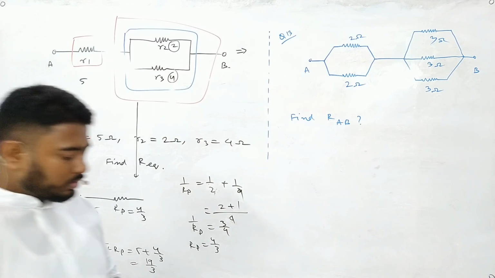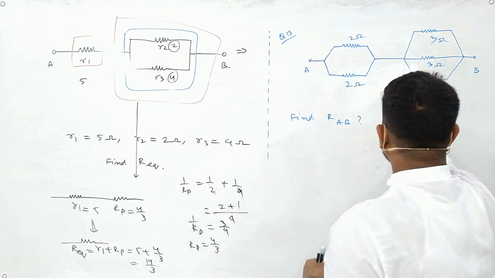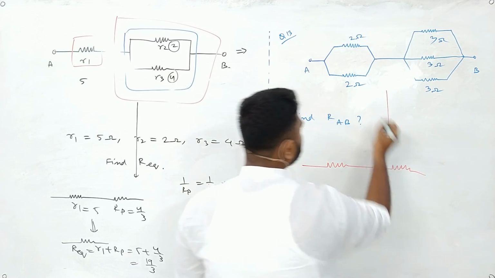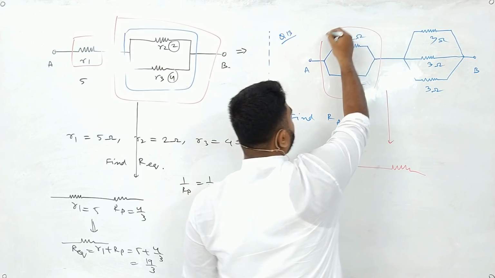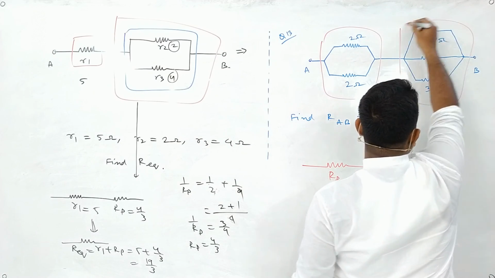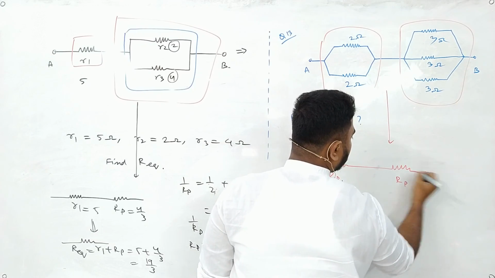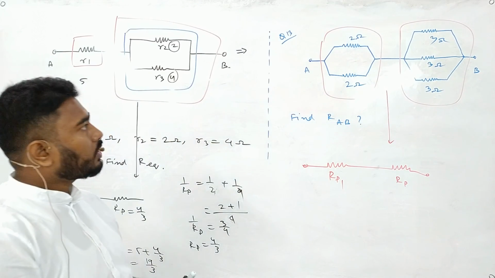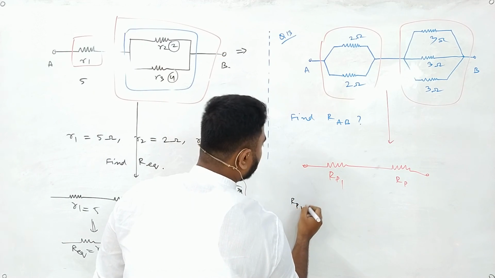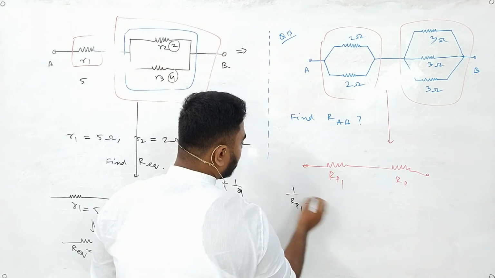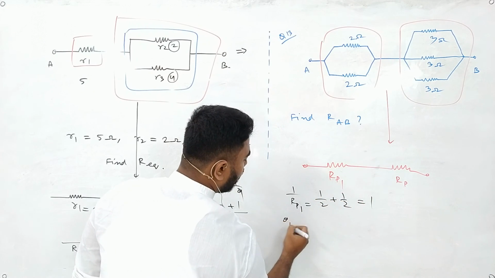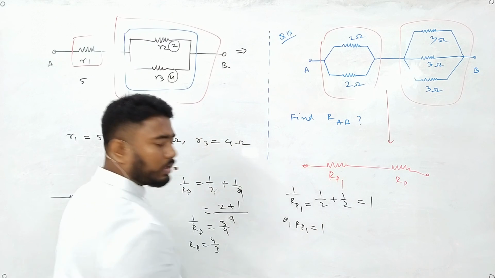Okay, let us look into this one. See, can I write this one as two resistances, this one forming RP1 and this one forming RP2? Can I write it in this way? Right? Okay, what will be RP1? 1 by RP1 equals 1 by 2 plus 1 by 2, that will be 1, or RP1 will be 1.